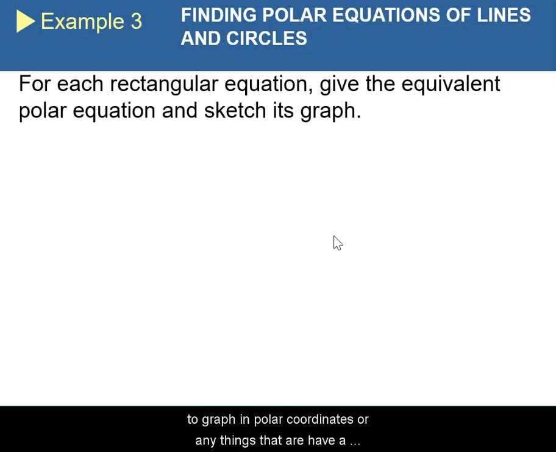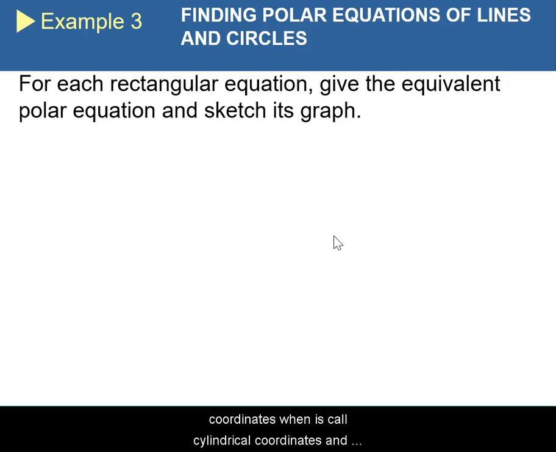So the easiest things to graph in polar coordinates are any things that have a lot of curvature to them, right? Circles, ellipses, and other things that will come across in this video that you probably have never heard of. There are other coordinate systems similar to polar coordinates.